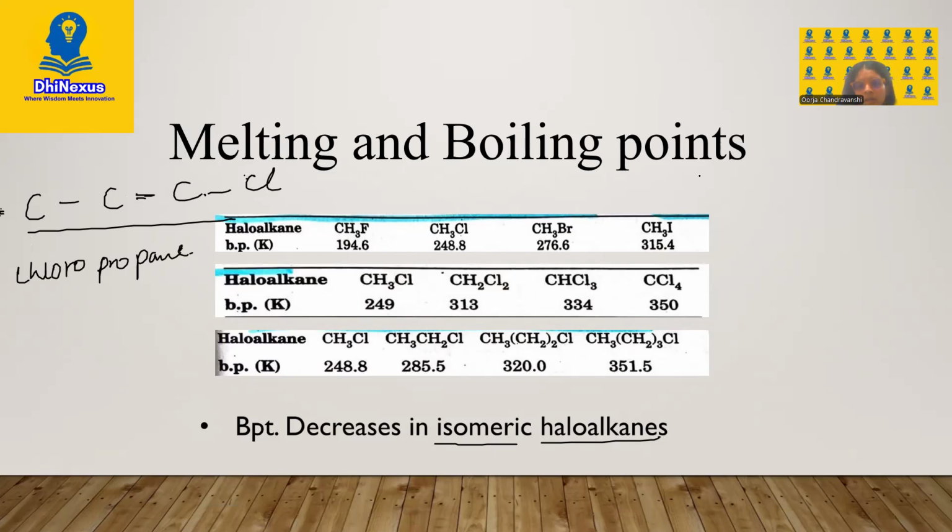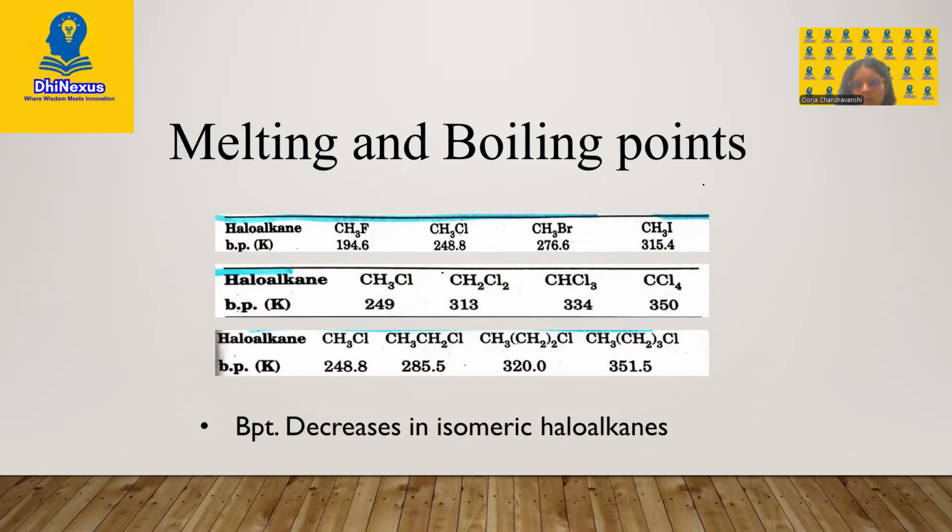And on the other hand, let me take chlorobutane. So butane, that means 4 carbons. And on the other hand, I have this. What is this? Iso. Rather, this is what I should take.